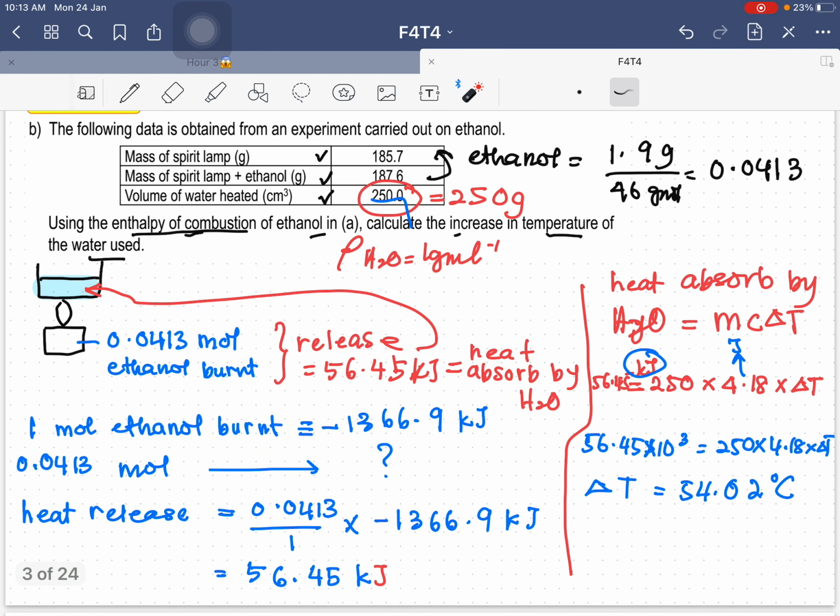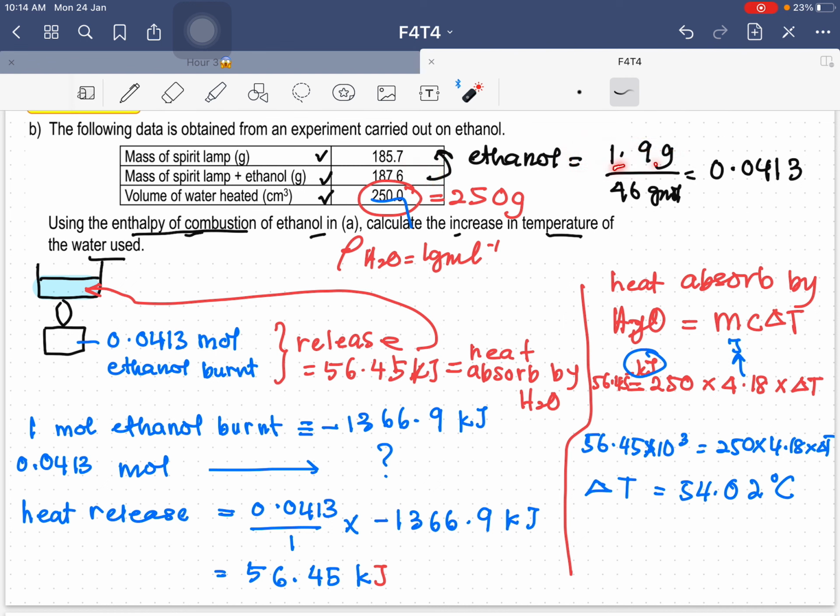Next, we are given the mass of the spirit lamp, and the ethanol and water heated. In this case, the amount of ethanol burned by the spirit lamp is 1.49 gram.